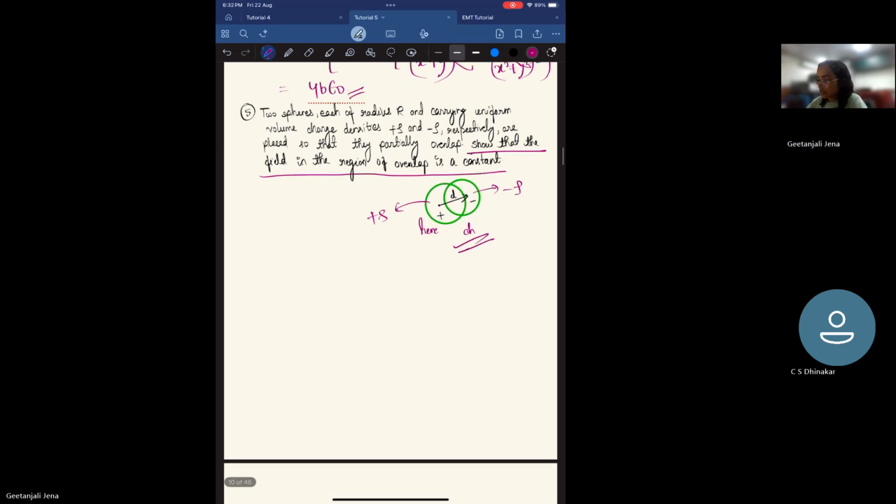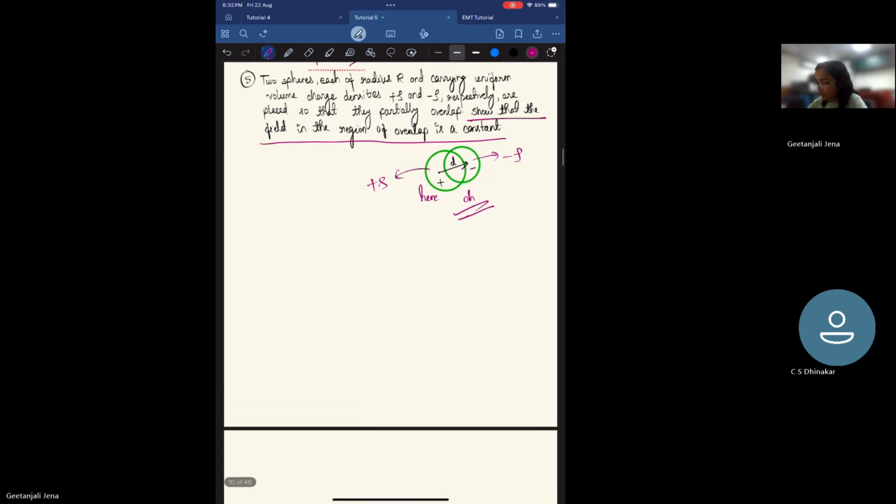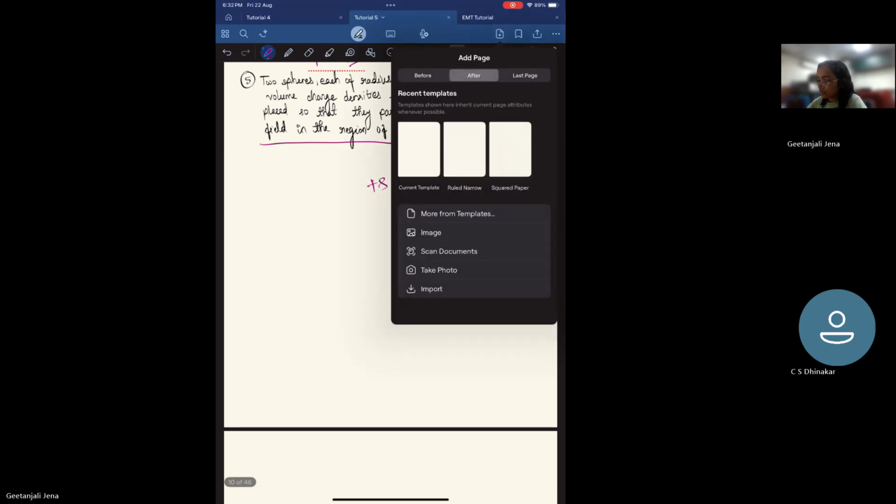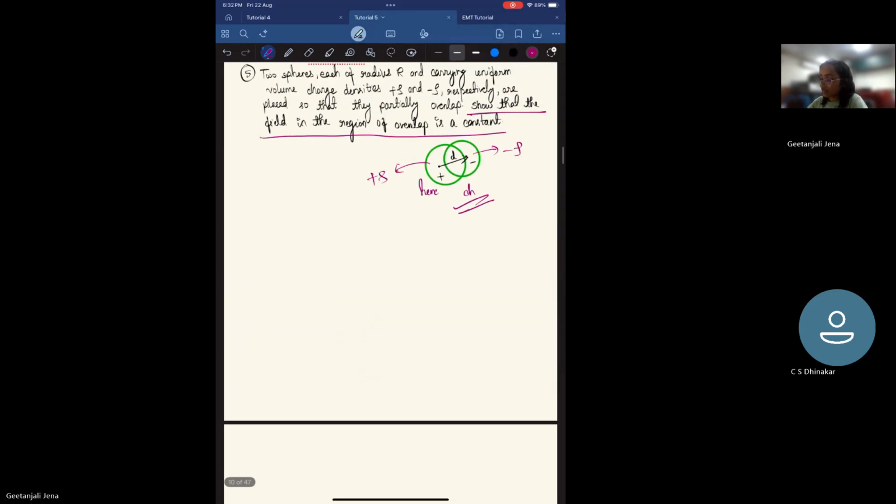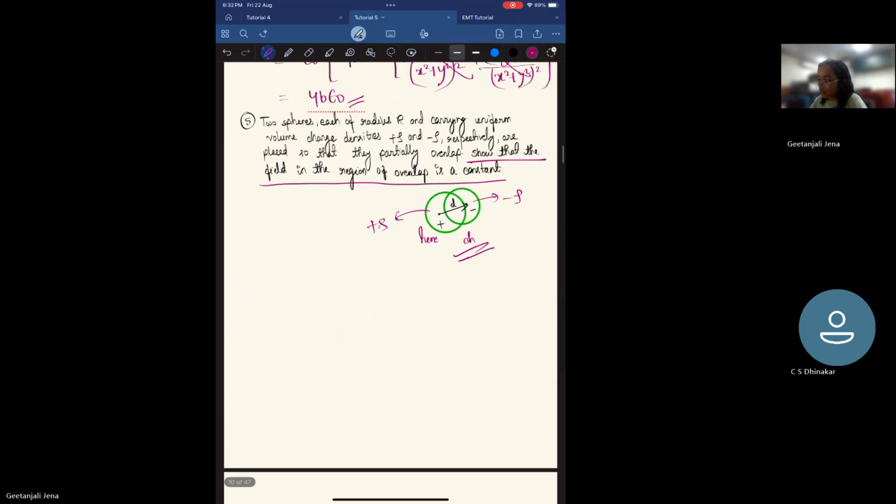The solution is easy. First, you need to use Gauss law to find the electric field due to a uniformly charged solid sphere. Then you can use that to find the field at the overlapping region.